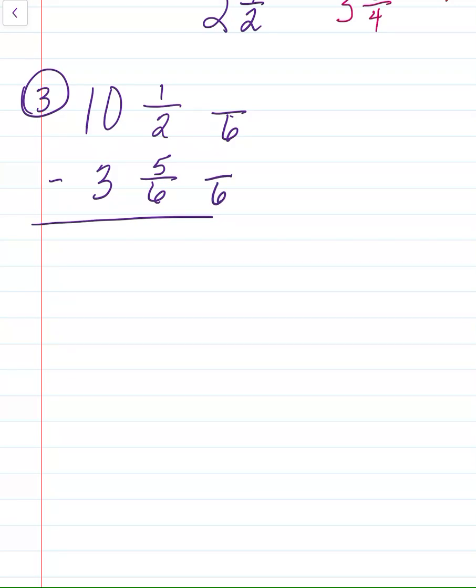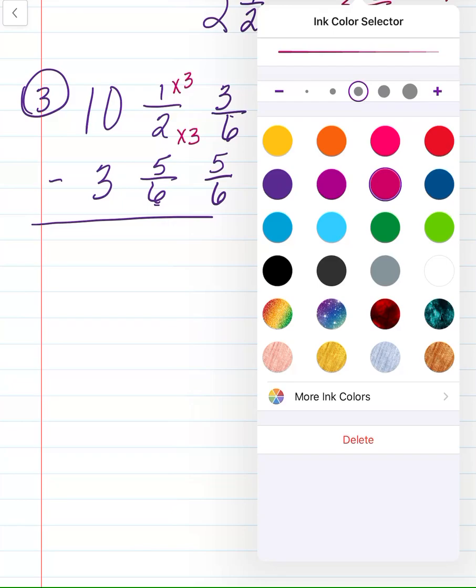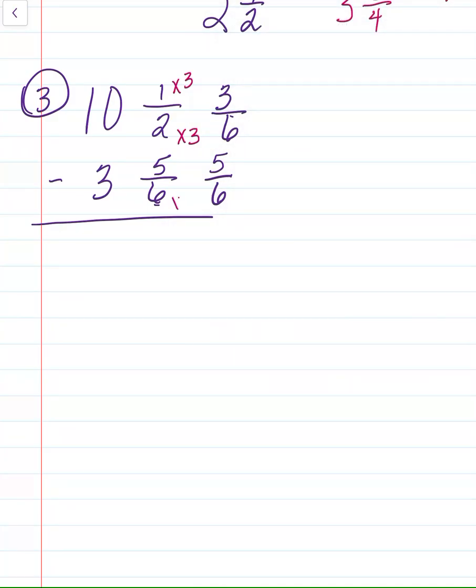So I'm going to say 2 times what gives me 6? 2 times 3 is 6. Whatever I multiply the denominator by, I have to multiply the numerator by. So 1 times 3 is 3. My denominator is going to stay the same here, so that means my numerator will also be the same. But remember, if you need to do your times 1 over 1, you can go ahead and do that, right?